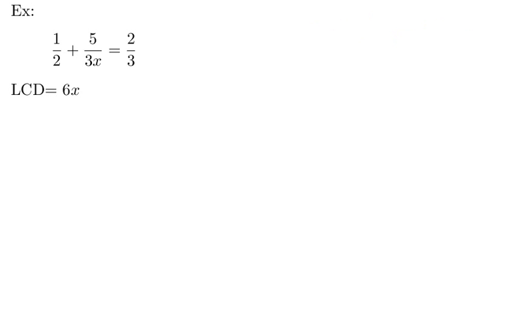Now that I have the lowest common denominator, I want to multiply both sides of the equation by the lowest common denominator.